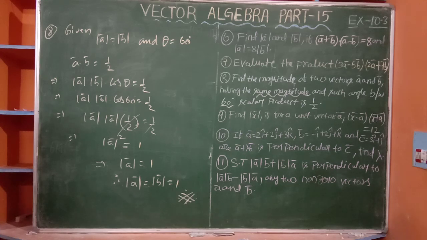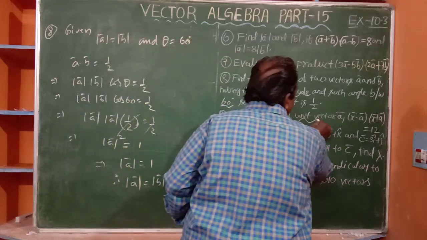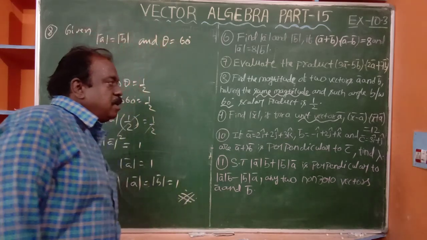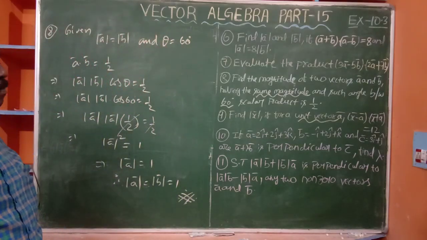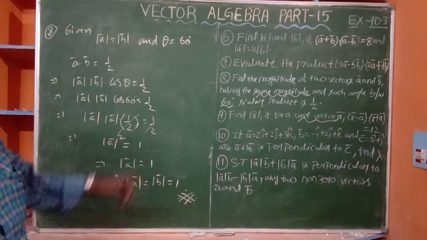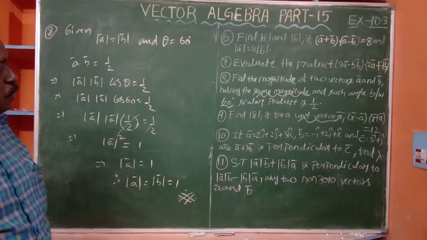Next, the 9th one. Find the modulus of x bar if, for a unit vector a bar, x bar minus a bar dot of x bar plus a bar is equal to 12. We are given that and we have to find the modulus of x bar.